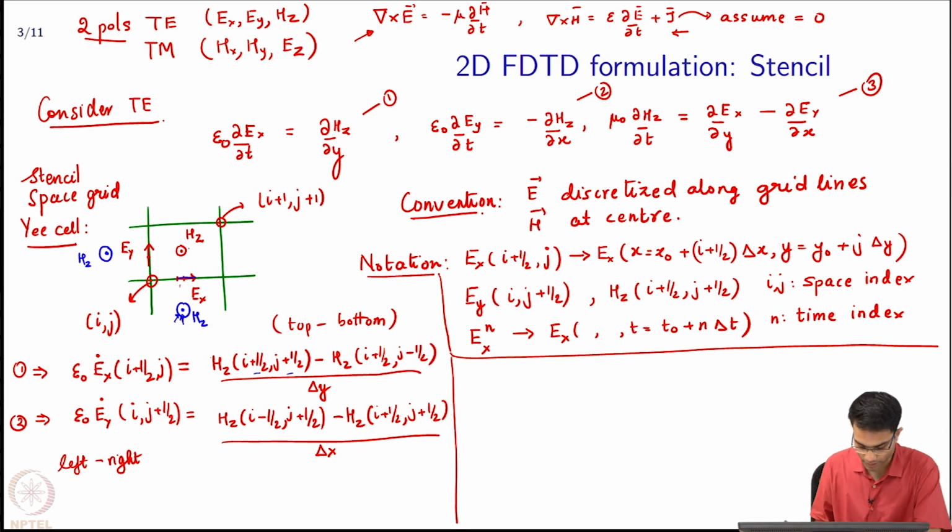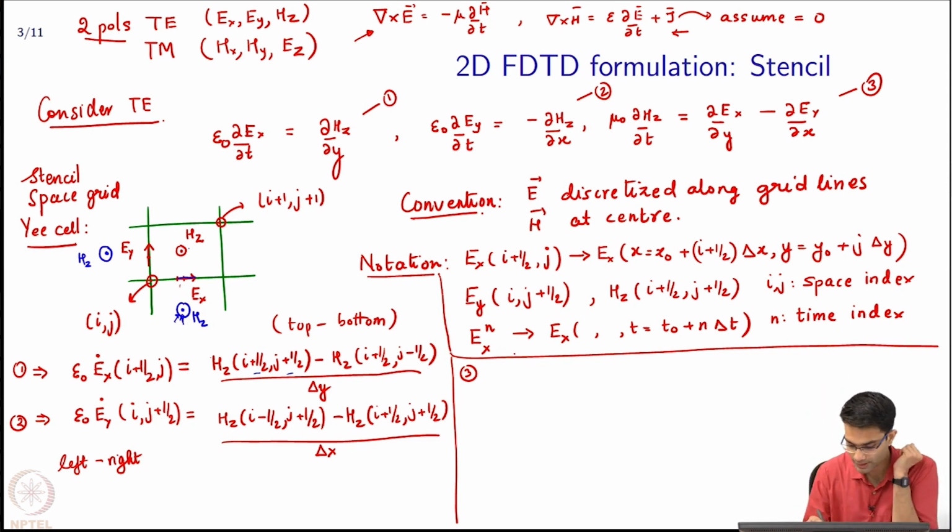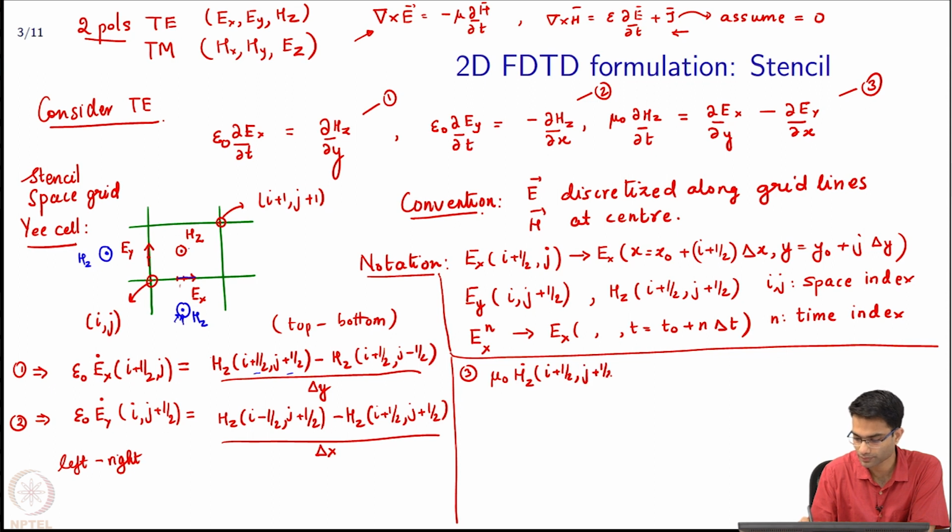Then what is left? Equation 3. What becomes of equation 3? The left hand side is simple: mu naught Hz dot, at coordinates I plus half, j plus half.